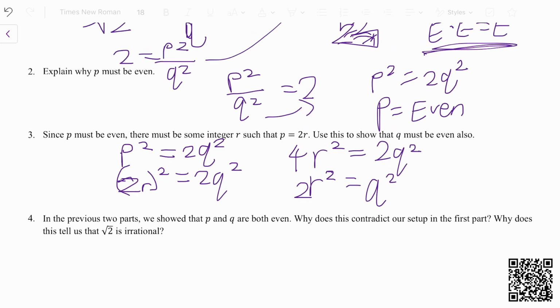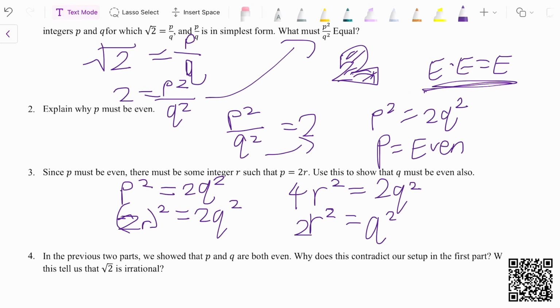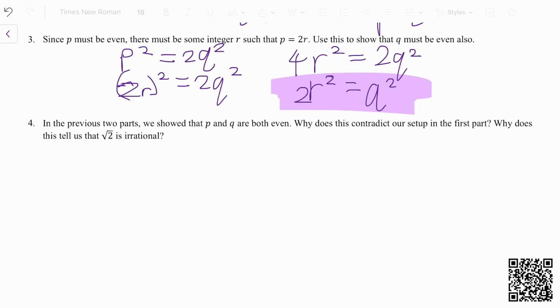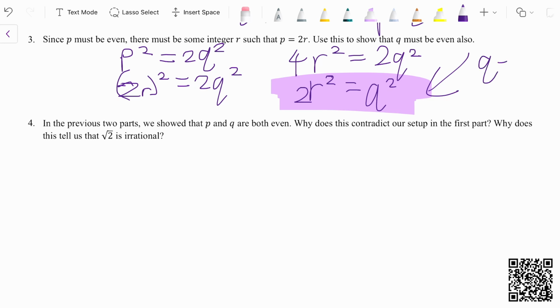And you can also see that this situation is kind of similar to the one we just got above, with 2r squared is equivalent to q squared, and p squared is equivalent to 2q squared. So this means that q is also a number that can be split in 2, which also means that it's even because it does have 2 as a factor inside it. And using the property that only even numbers times even numbers are equivalent to even numbers, q is also even.